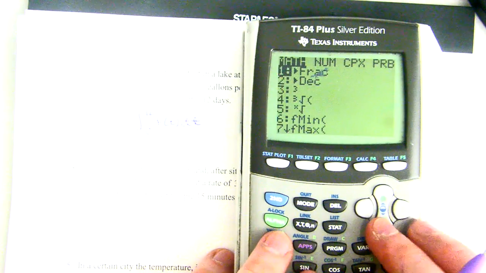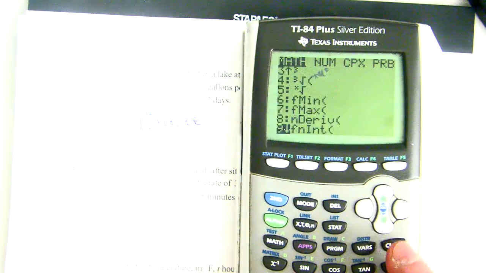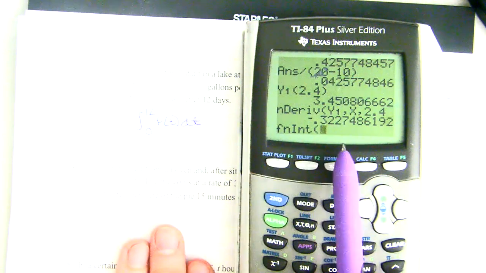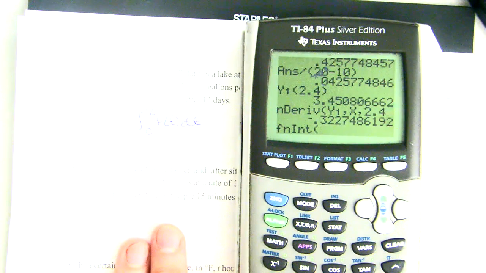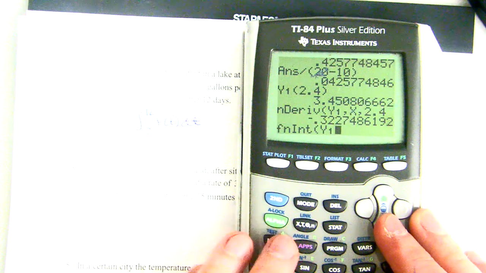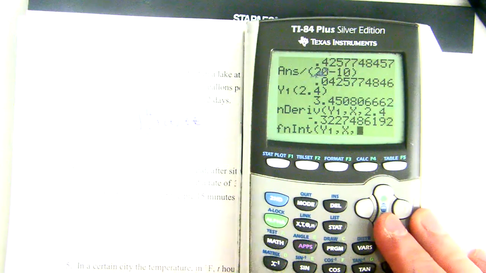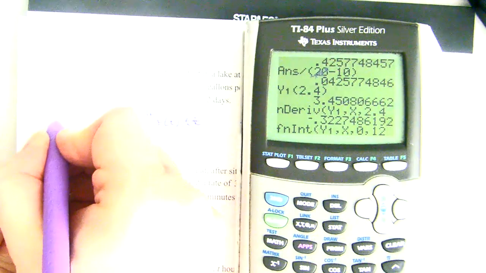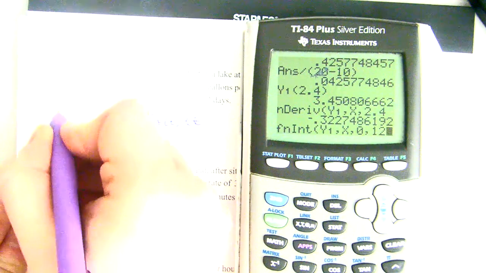Push the math button. Scroll down to option 9, fnInt. If you have a calculator that brings up fnInt, it's going to take 4 arguments. The function, comma the independent variable, comma the lower limit, comma the upper limit. I'm going to type in here y1, comma x, comma 0, comma 12. If you have a newer calculator, it's going to give you something that looks like this.